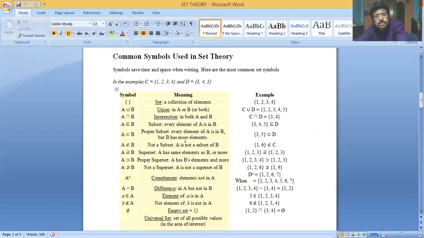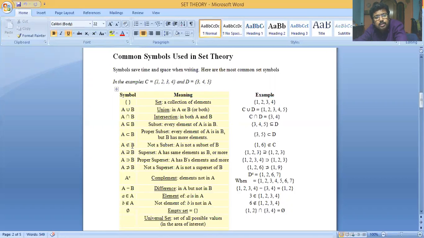So proper subset: every element of A is in B, but B has more elements. 3 and 5 is here, so B has more elements.